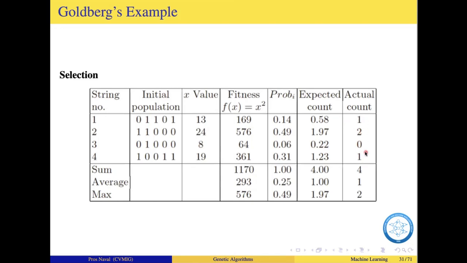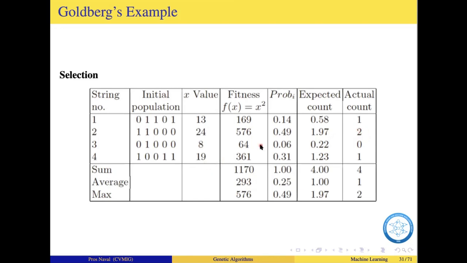If you add this, it should add up to 4 because you need 4 children for the next generation. What you will see is that this individual will disappear, 0. In the next generation, this chromosome will disappear because this value is 0, to be replaced by this because this has an actual count of 2.